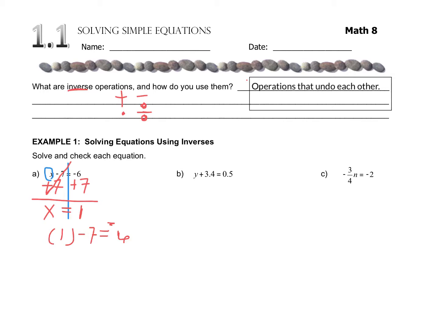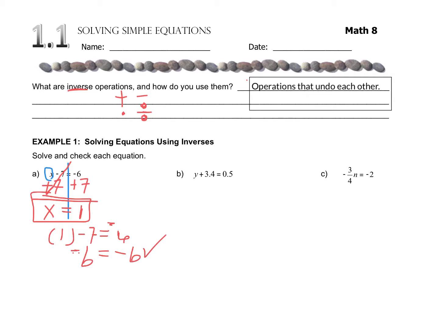So 1 minus 7, does it equal negative 6? Well, 1 minus 7 is negative 6. So negative 6 equals negative 6, so it checks. That means there is my answer, and I know it's right because I did the check.